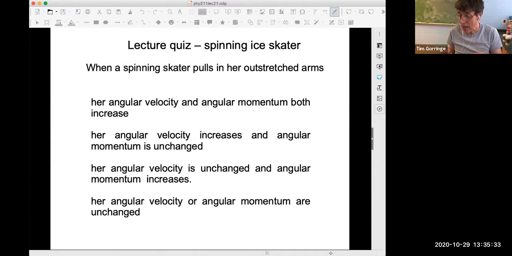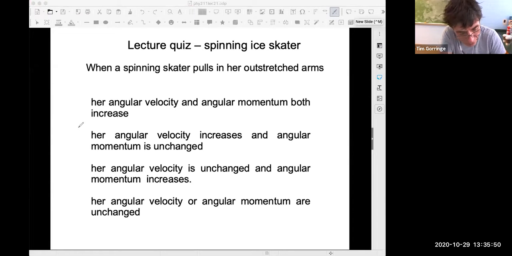But our angular momentum, which depends both on angular velocity and moment of inertia, remains unchanged. So the correct answer is that her angular velocity increases, but her angular momentum is unchanged. So this one here. Okay, so let's move on.